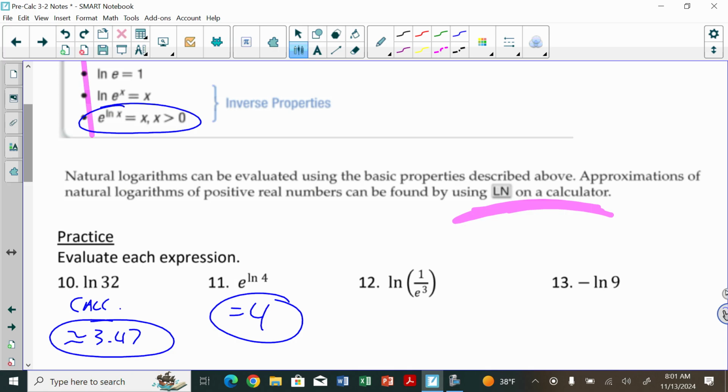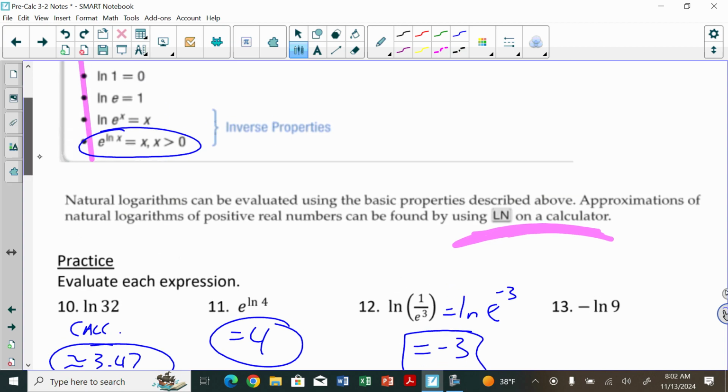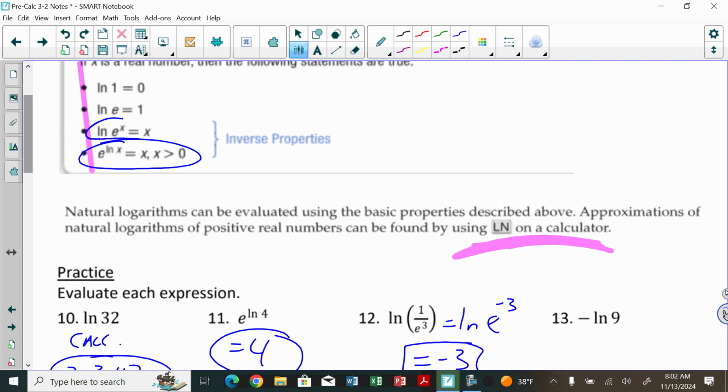Number 12. Can I write this another way? Sure, I can say this is the natural log of e to the negative 3 power. If I do that, then I know that it's negative 3, because right here, natural log of e to the x equals x.